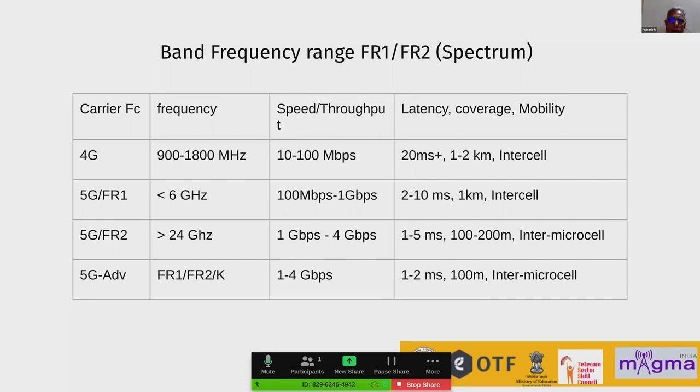Of course, it has narrowed down from 1 kilometer, so only 1/10 coverage can be got with a 10 times higher speed, and that is the price you have to pay. And obviously, it is inter microcell, so you need microcells for denser deployment because the range is lower.